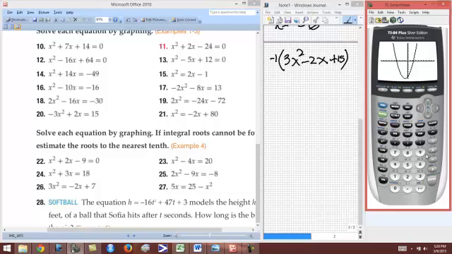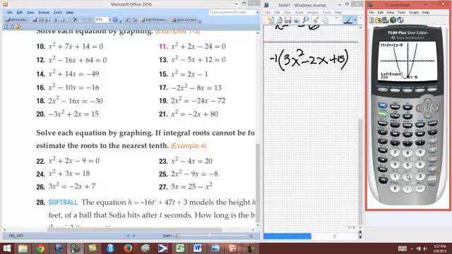Okay, now we're going to use the calculator to estimate the zeros. So if I hit second and trace, there's a calculation feature for 0.